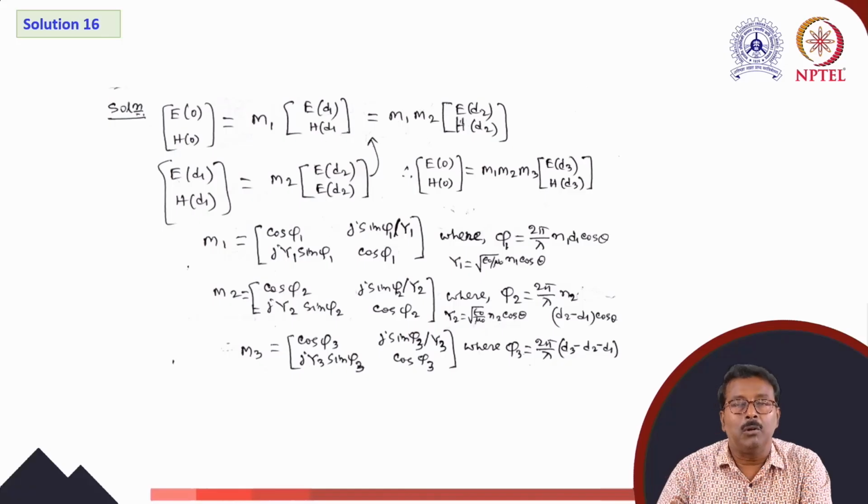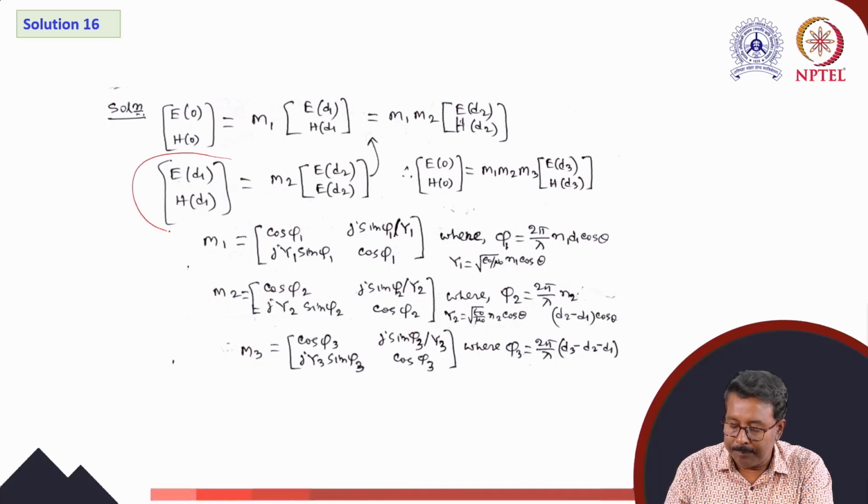Whenever we are talking about the N2 layer, it is surrounded on the top side by the N1 layer and on the bottom side by the N3 layer. So D1 and D2 are related with another matrix called M2. Now if you put this ED1 value from this expression to here, it will become M1 into M2.